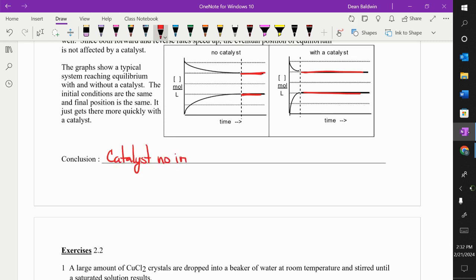No impact on equilibrium. Only changes the rate.